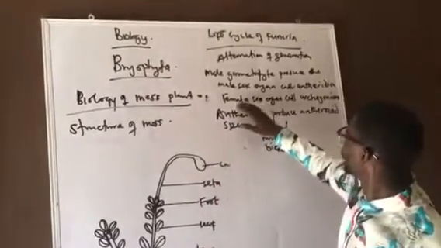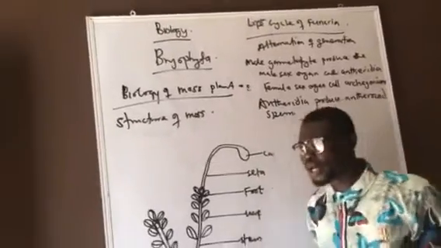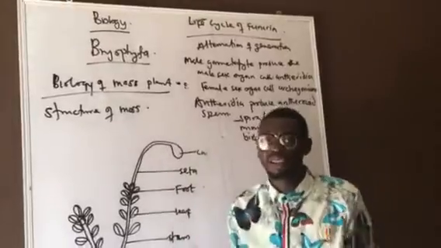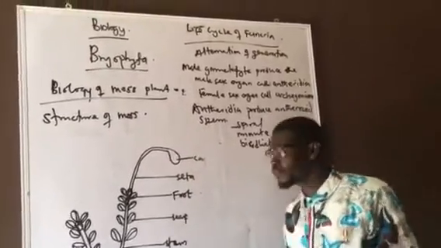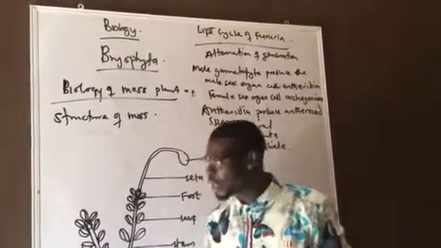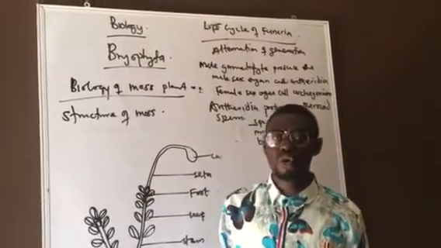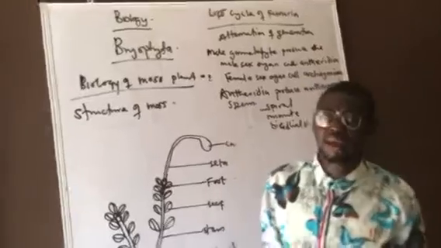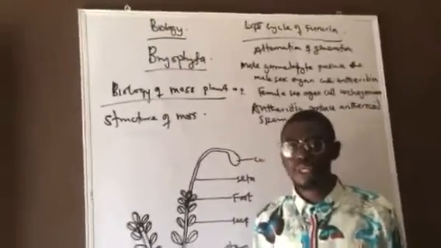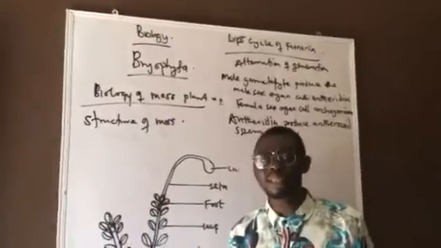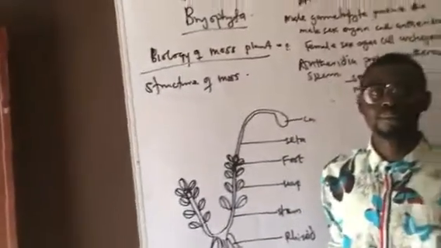Then the female, which is the archegonium, is usually elaborate, and it has a flask-shaped structure. The archegonium has two components, the neck as well as the venter. The egg, which is the female gamete, is produced inside the venter.